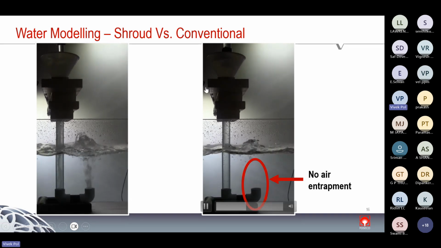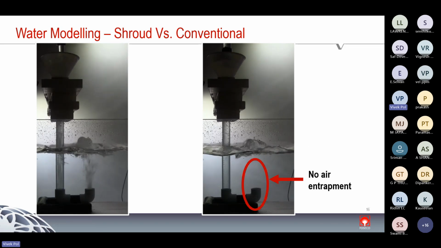Whereas when we pour the metal with the help of a shroud, you can see there is no air entrapment, and because of that, there is no reoxidation. That means there is no chance to create inclusions and pipings during the pouring operation. So tapping related issues we are taking care of, but during pouring we also need a solution, and the solution is the shroud.